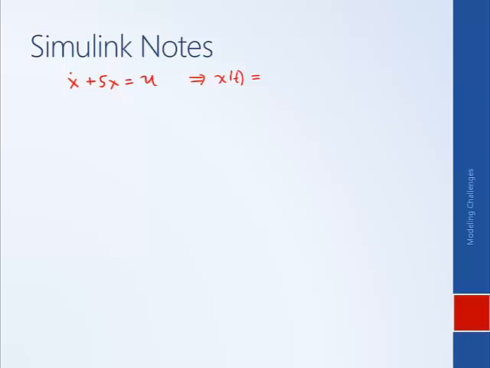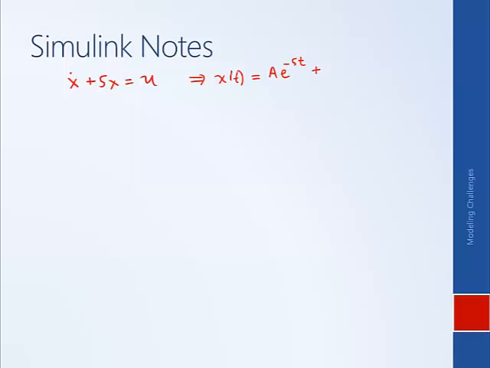The negative 5, since it's real, indicates the rate of decay. So we would expect that the solution x of t would decay like e to the minus 5t. Since there's no imaginary portion to the root, we would expect there to be no oscillation, where the imaginary part tells you the frequency of oscillation. So this is the homogeneous solution.